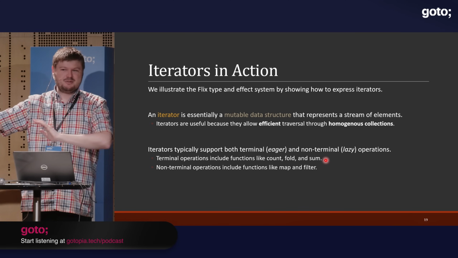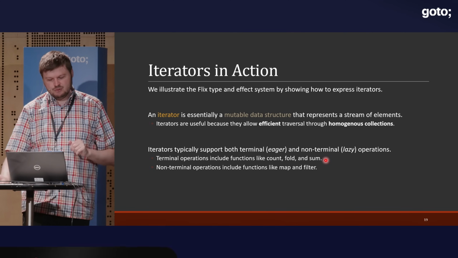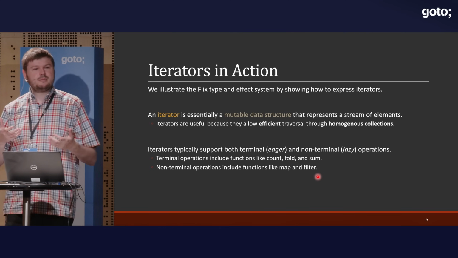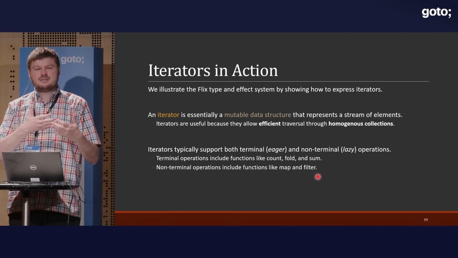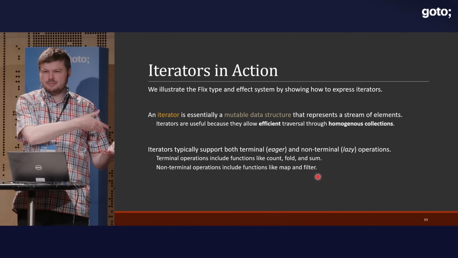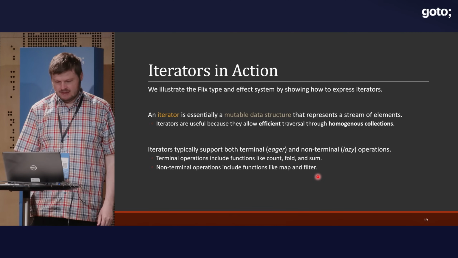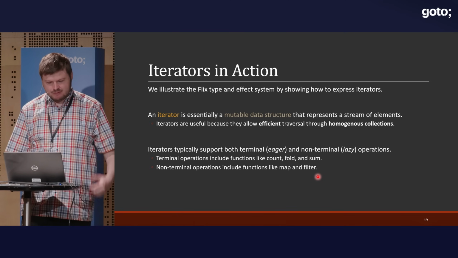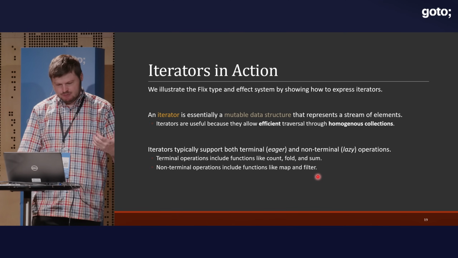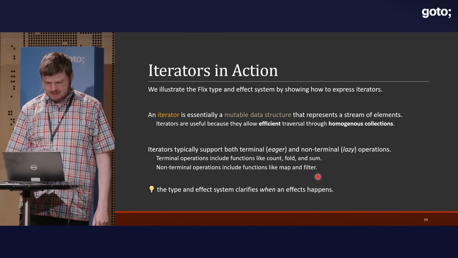And then hopefully you're done using the iterator. But if you do, for example, filtering, well, a filtering operation is something that's delayed. It's going to happen not now, but a little bit later when people start asking for elements from the iterator. And so this is a rich data structure, and it puts some demands on the effect system that we'll see.